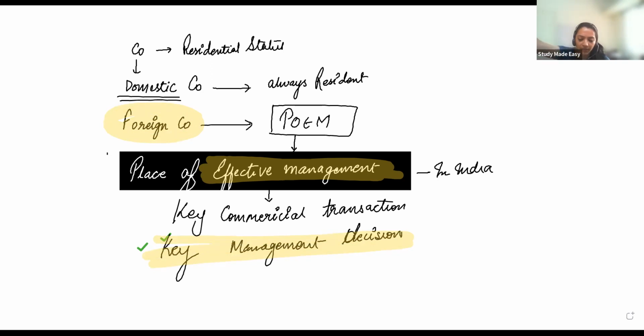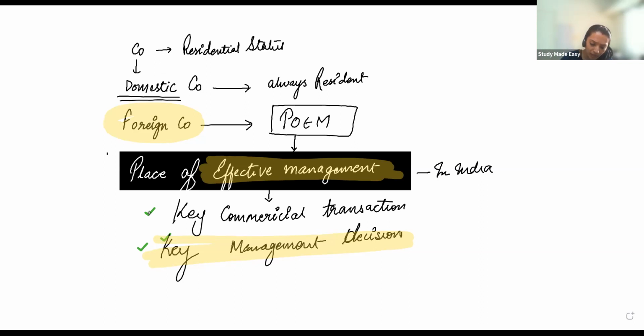Suppose I have opened a franchisee somewhere and I found that the number of students is not more. So that is a key commercial decision, whether to introduce any video lecture, recorded lecture there or not. So place of effective management includes both the things. It should be key commercial decision, it should be key management decision.